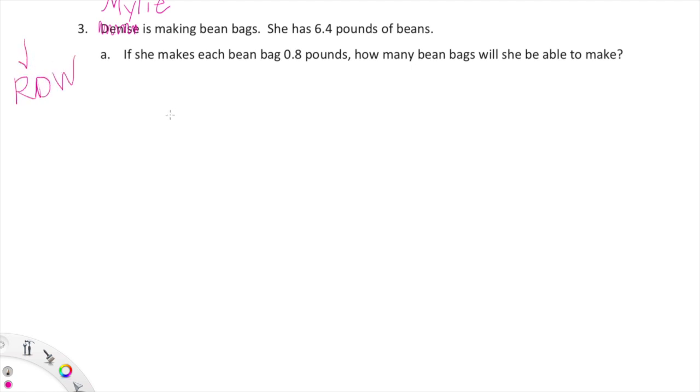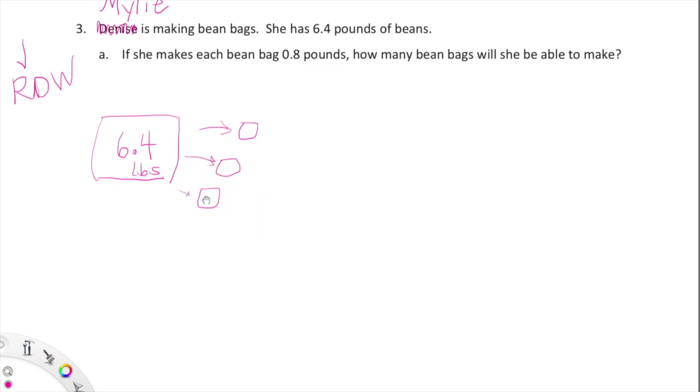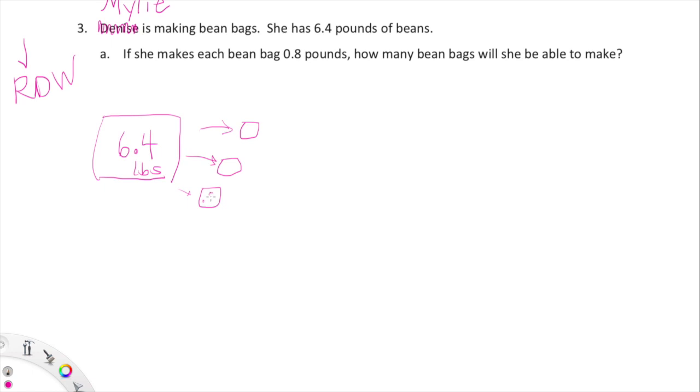We read, now let's draw. I'm just going to draw something that's meaningful to me. So this is all of Miley's beans, 6.4 pounds of beans. She is going to make these sweet little bean bags, and each of these bean bags requires 0.8 pounds of beans.